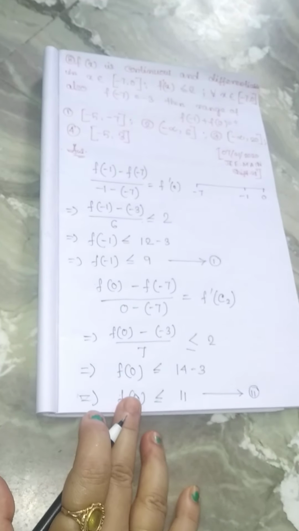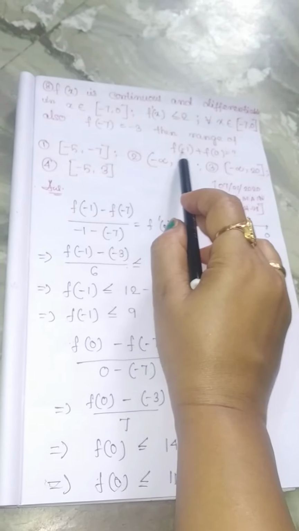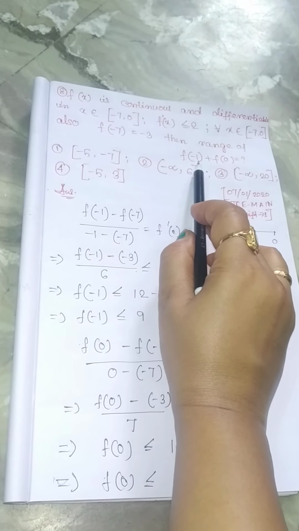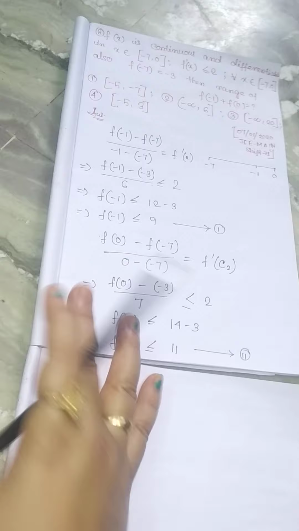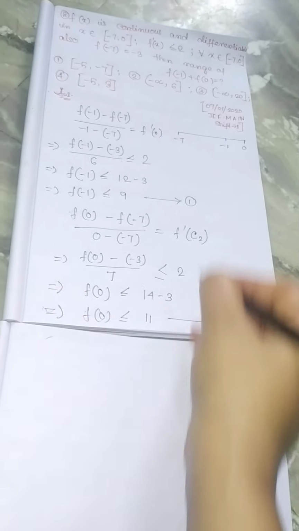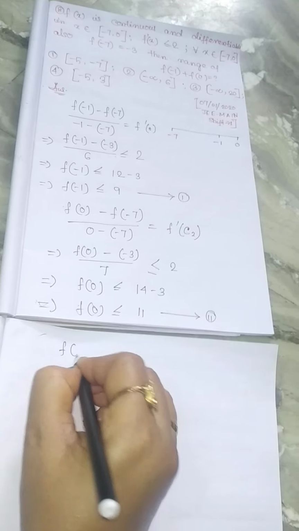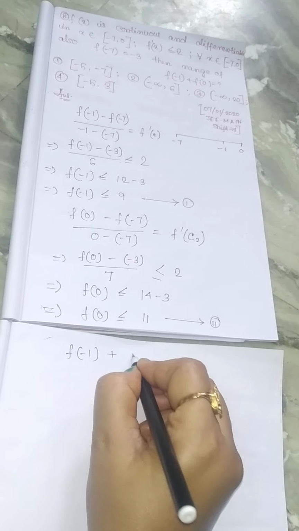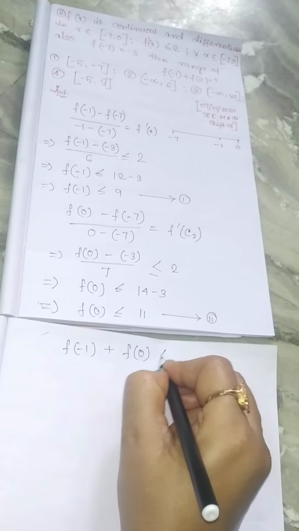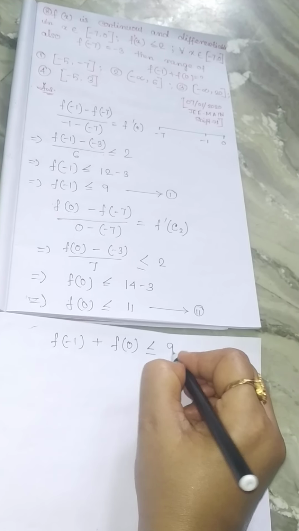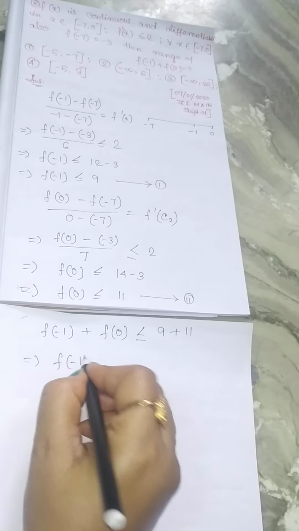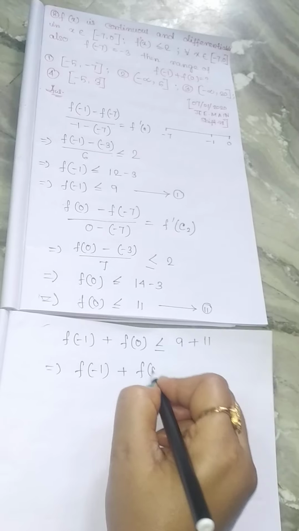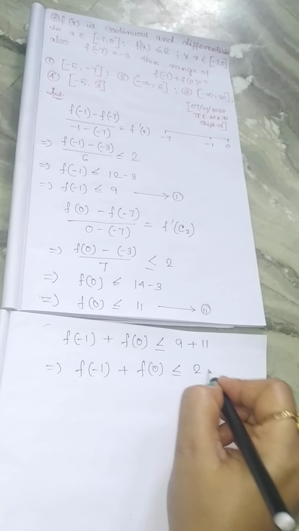Now the question asks, f(-1) + f(0) is equal to what? The range is what? So adding these two equations, f(-1) + f(0) is less than or equal to 9 plus 11, which implies f(-1) + f(0) is less than or equal to 20.